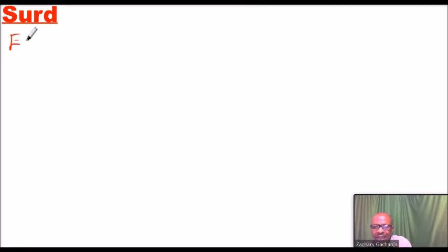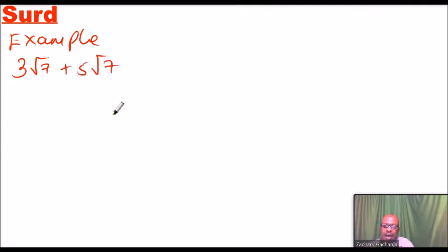So we have examples. We have 3 root 7 plus 5 root 7. What do we need to check here? This is a mixed surd, so we have a whole number and a surd.